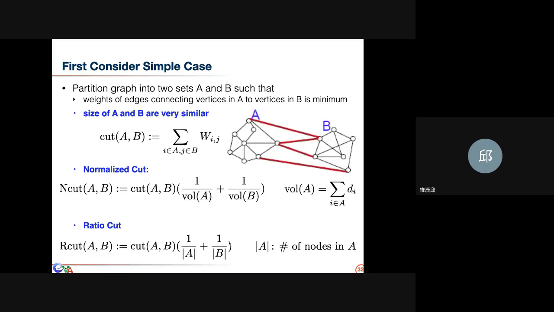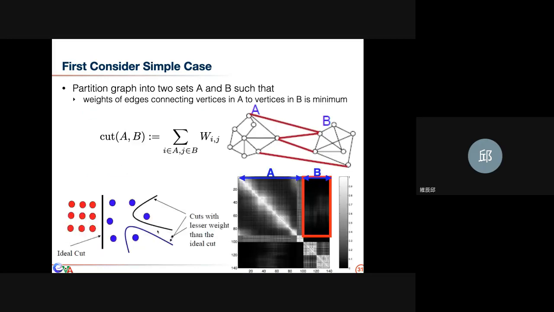So in other words, it's more likely that you are going to have the partition such that A and B, these two groups, have roughly the same number of data points, right? If you have such a property, then you can naturally avoid this degenerate solution, because in this degenerate solution you might have one group containing only a single data point and another group containing all the other data points.